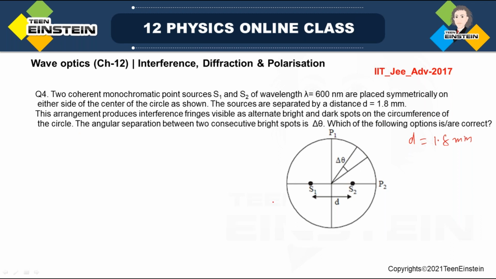So the interference pattern will be a spot pattern, situated on the circumference of the circle. The angular separation between two consecutive bright spots is delta theta. Which of the following options is or are correct?